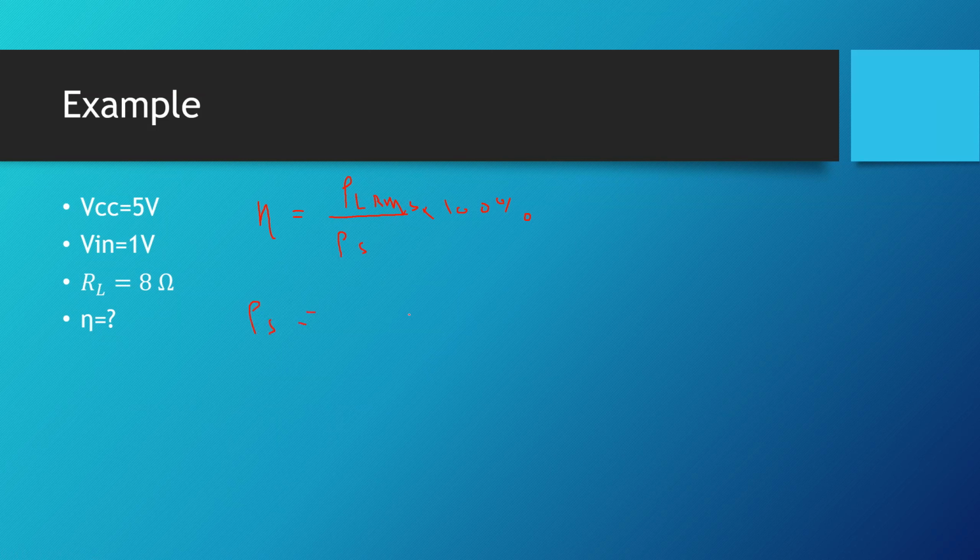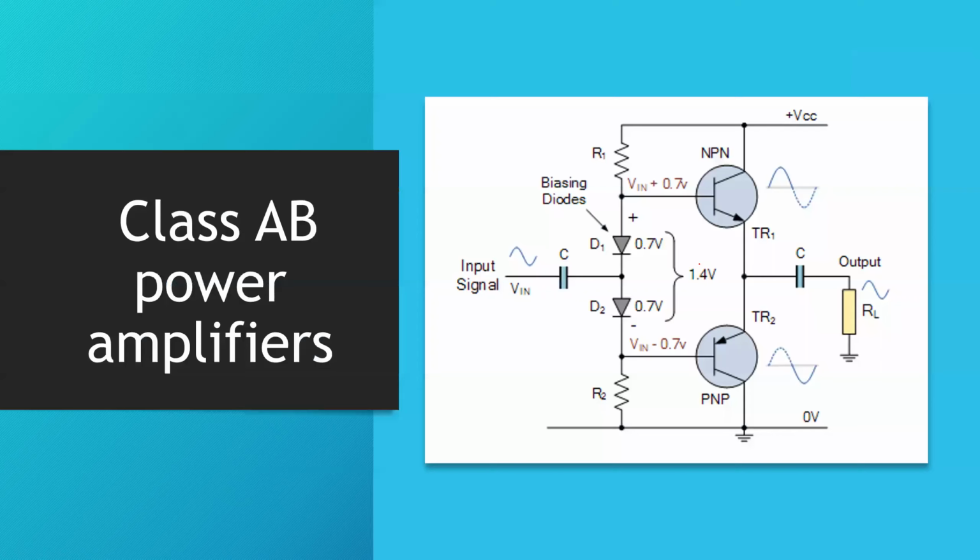Power at the source equals VCC times IC. We already have the value of VCC, which is 5, but we need to find IC. Now, IC equals V peak over RL. We know RL as 8 ohms, but we need to find V peak.